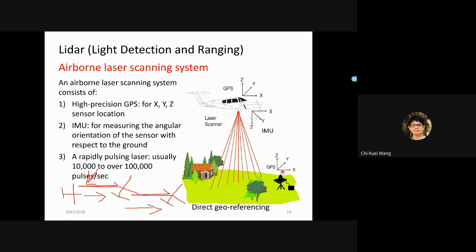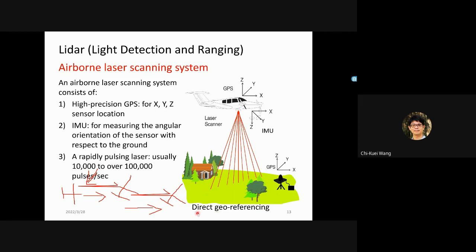You need to do the coordinate transformation, and that is not uniform everywhere in your country. Even for Taiwan, for such a relatively small island, this transformation is not uniform. So we heavily rely on the ground GPS, so it is easier to conduct nationwide mapping using airborne laser scanning.